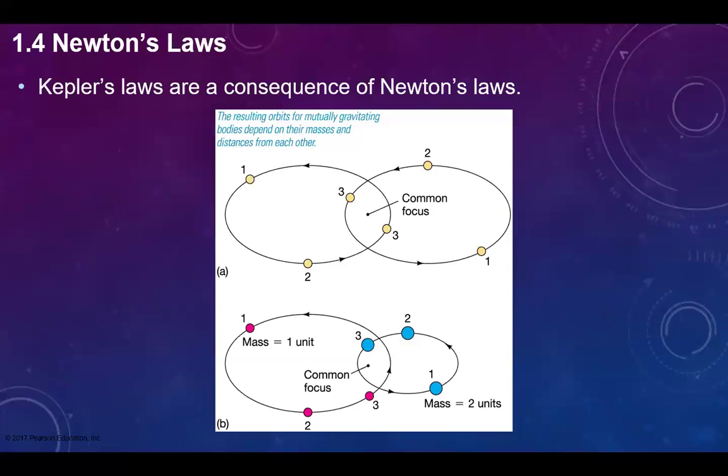They both travel in ellipses. And because of this, it's possible by observing the orbits of objects that are orbiting each other to work out their masses. Which is incredibly helpful.